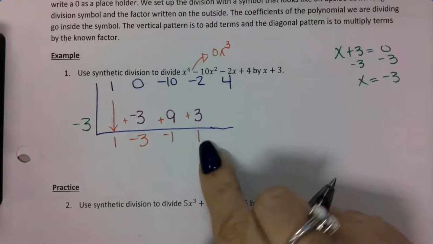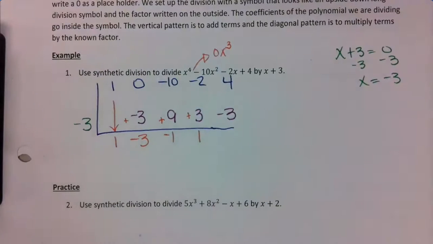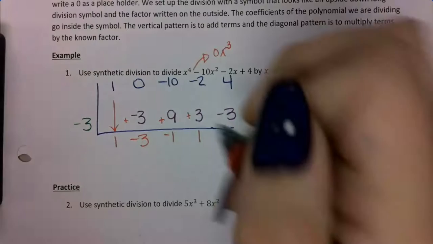And then I take the 1 times the negative 3, which gives me negative 3. Then 4 minus 3 is 1.